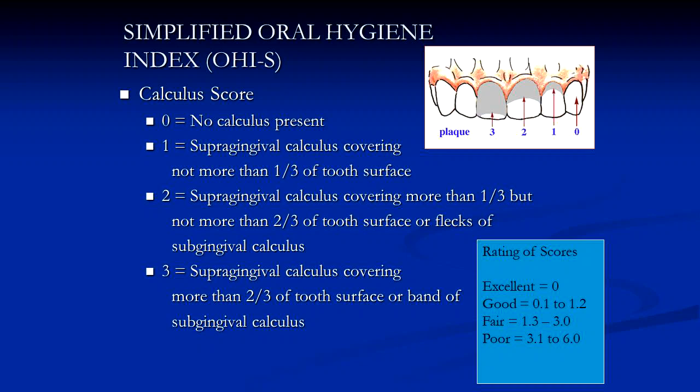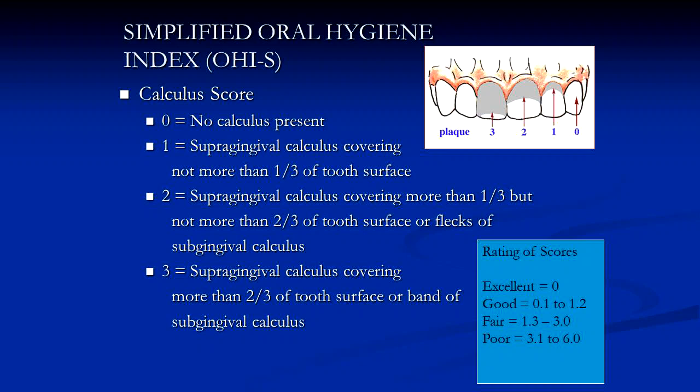And if the community has a score that is, let's say, a 0.9, then you would say that that community has good overall oral hygiene, because it falls in that range from 0.1 to 1.2.